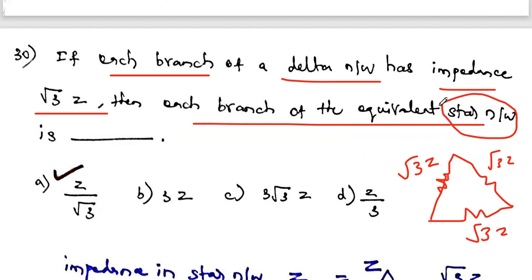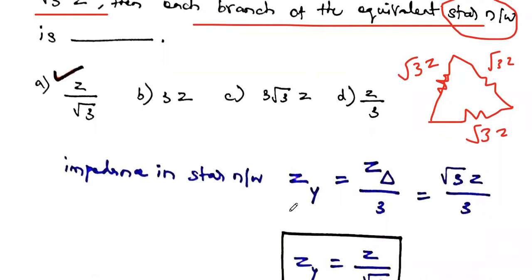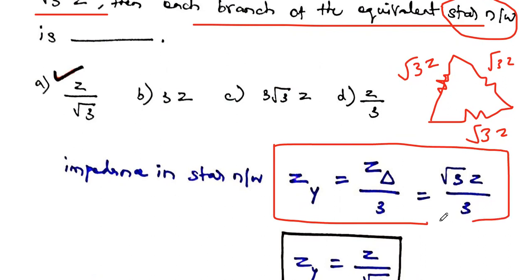Already we know the relation between the delta network and star network, and how to convert the delta network into star network. The impedance in the star network, ZY, is nothing but the impedance in the delta network divided by 3 if the three impedances are equal.